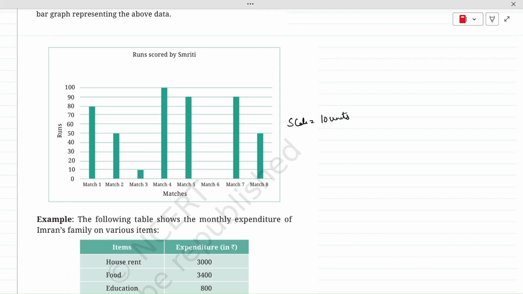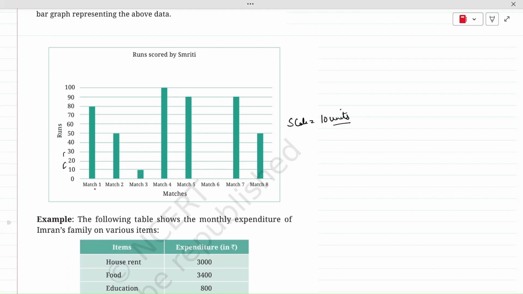The difference between these two numbers is 10. So the scale is 10 units, that is runs, because the unit in our case is runs. Now, on the horizontal axis, they have mapped the matches, match 1, match 2, and so on. So on the vertical axis, the runs, and on the horizontal axis, the matches played.